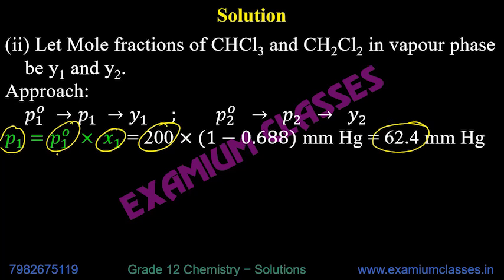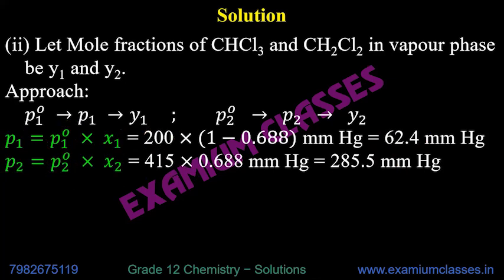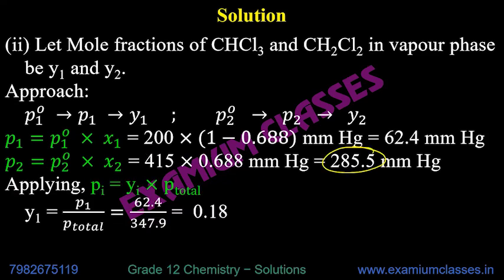The moment we have P1, we know P1 equals Y1 P total. P2 will be P2 naught into X2. X2 we have calculated, P2 naught is given. We got P2 also. Now apply P1 equals Y1 P total and P2 equals Y2 P total.